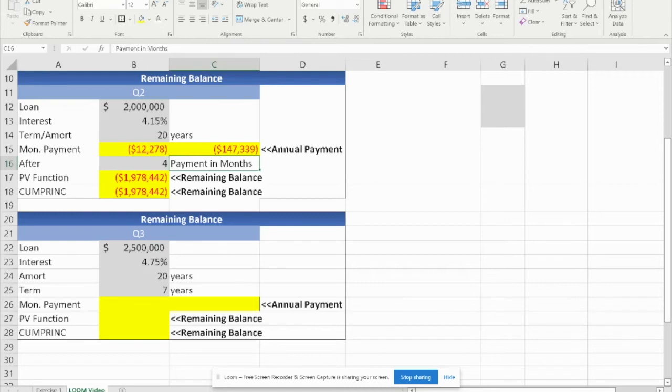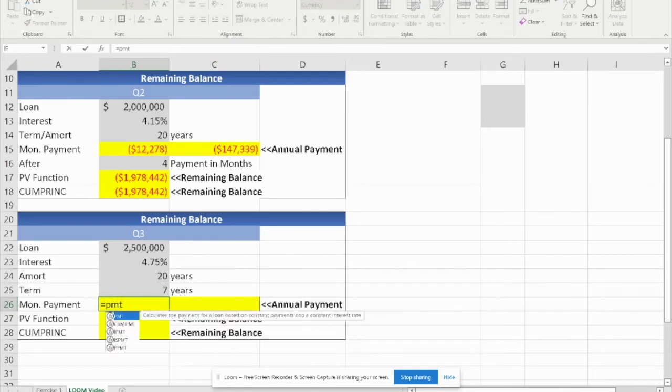But the question is, how much will your balloon payment be after 7 years? It is slightly different than the one above since it's using years as opposed to months, and it is not a fully amortized loan. But it starts off the same way. The monthly payment would be, using the payment function in Excel, rate divided by 12, number of payments, which is 20 times 12, and your present value is the loan amount, and your future value should be zero because you're calculating the payment using a 20-year amortization.